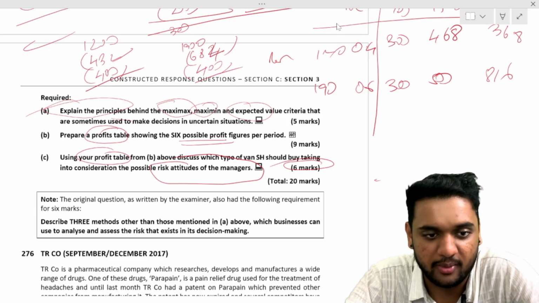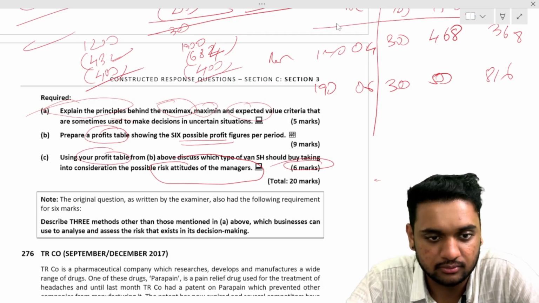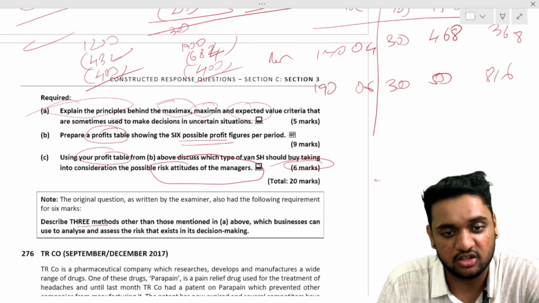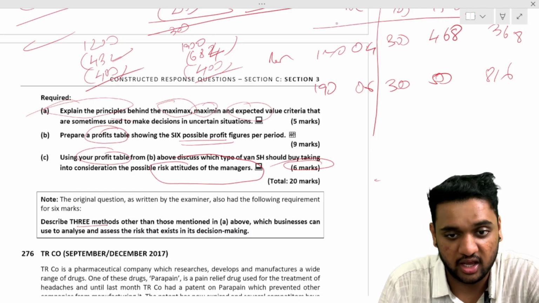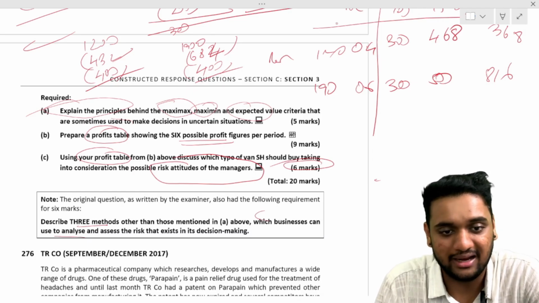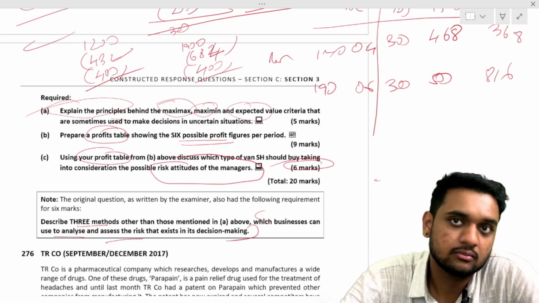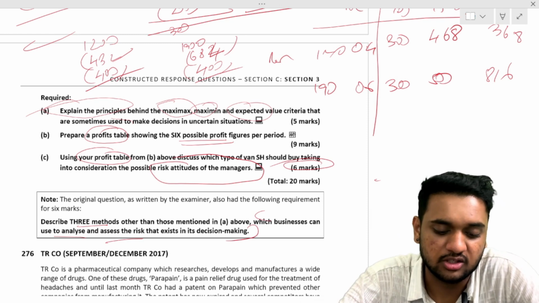If they ask for perfect information, you write it. They didn't ask. No, they have given one more question below. Discuss 3 methods other than those mentioned in A, which businesses can use to analyze and assess the risk that exists in decision making. What are the methods we saw?